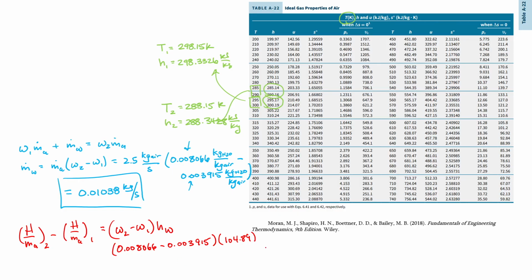This is going to give me a value in kilojoules per kilogram air. I need to grab a calculator quick, and I can plug that in. That gives me a value of 0.4353 kilojoules per kilogram air.